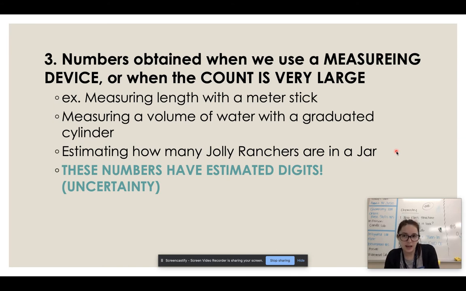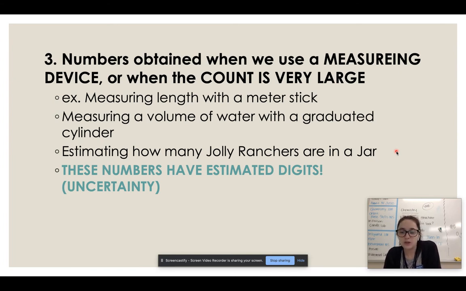What I mean by that is if you recall in physical science, when you measure with a measuring stick or a graduated cylinder, you can always go past the smallest point and make a decimal because you can measure in between those lines. You can make an estimate about the value that you're measuring.